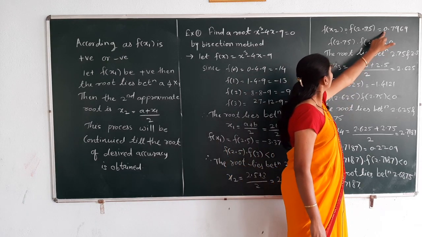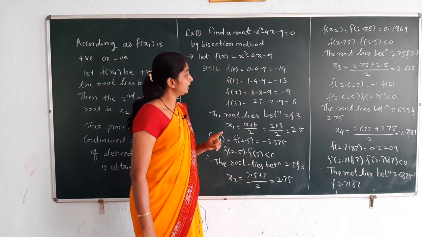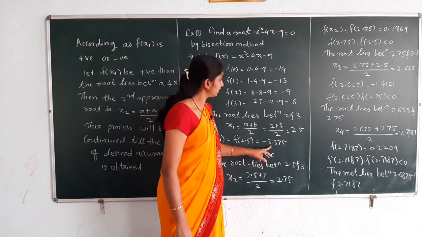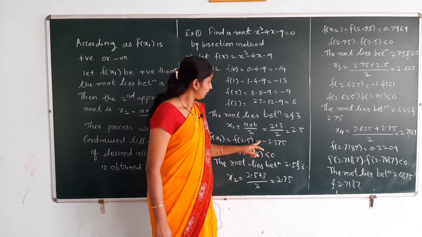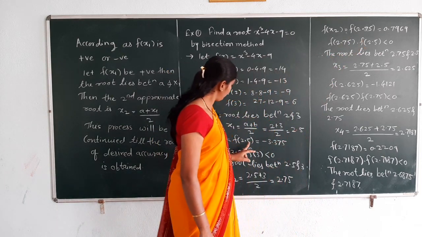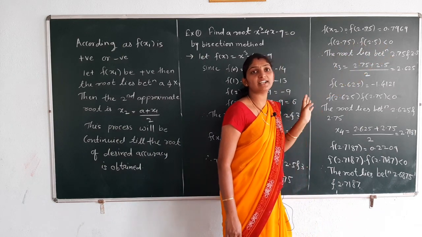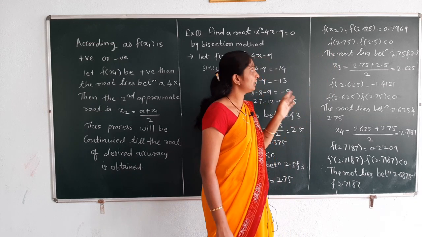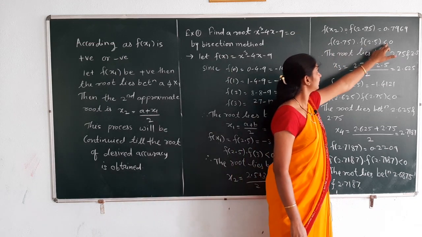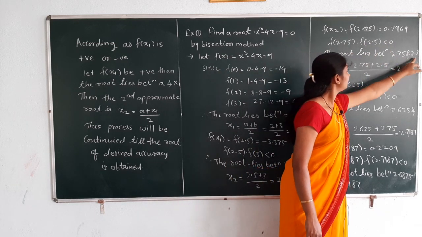Here f of x2 is a positive value and f of x1 is the negative value. Therefore, f of 2.75 is positive and f of 2.5 is negative, and their product is less than 0. This is the condition we use in the bisection method, that is f of a into f of b is less than 0. Therefore, the root lies between 2.75 and 2.5.